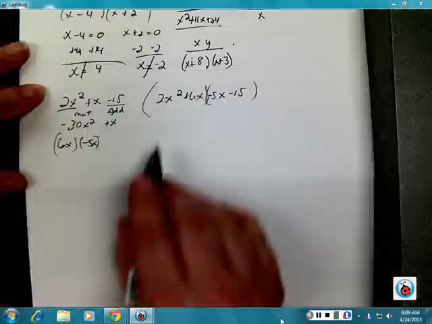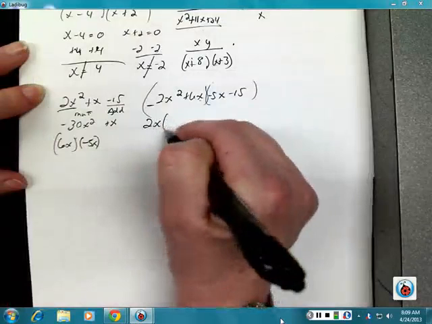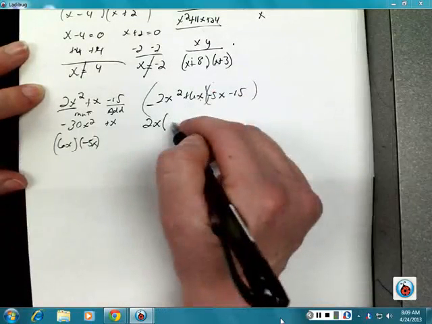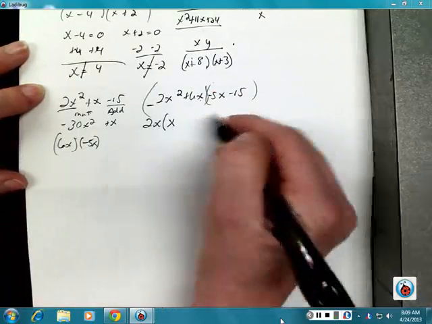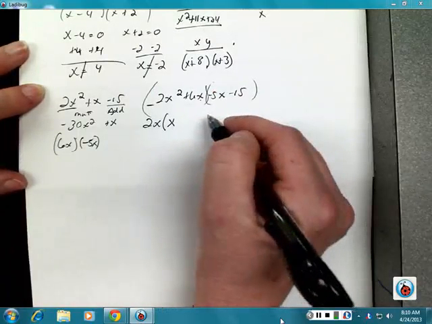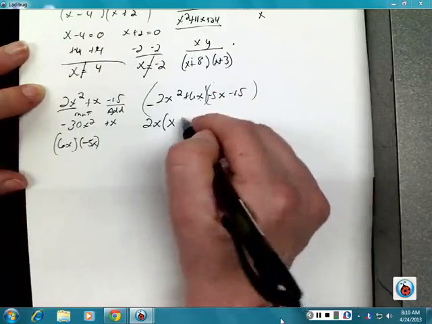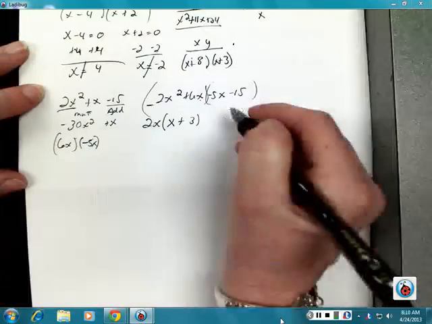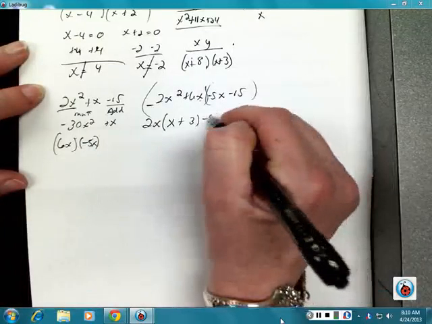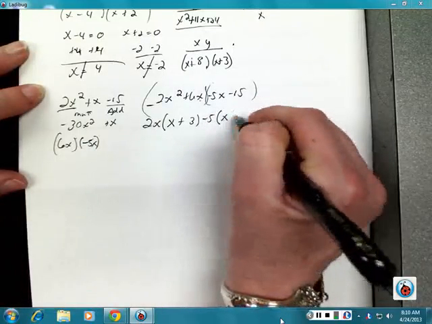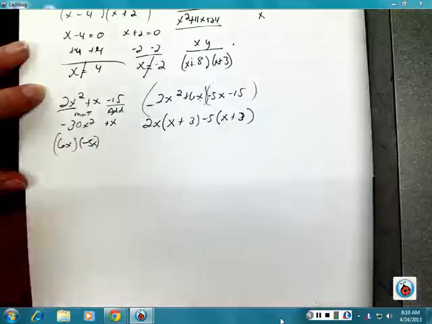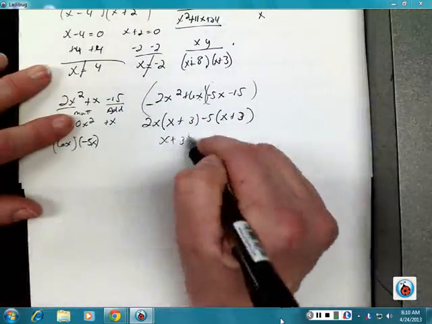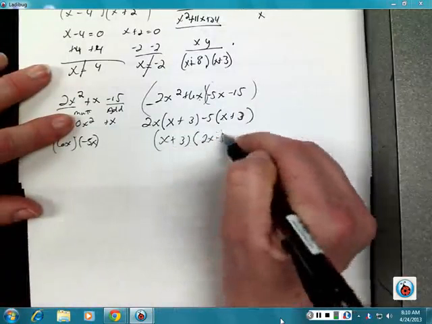And I can pull out a 2x out of the first one. What's that leave me with? An x, and what's the rest? 3. Plus 3. And then what comes out of that second one? But what kind? Yep. Negative 5 leaves me with x plus 3. And so this whole thing factors to x plus 3 times 2x minus 5.